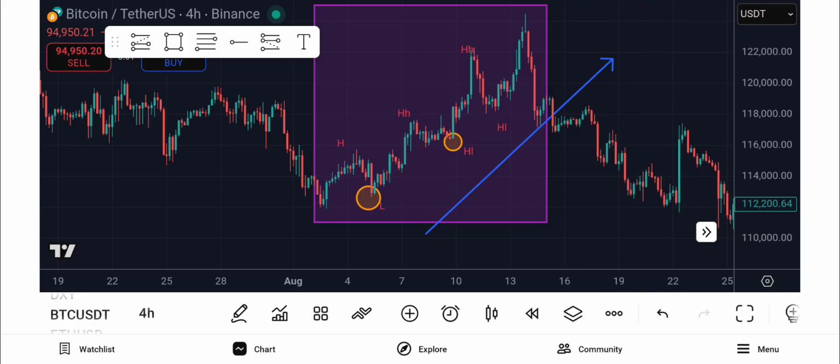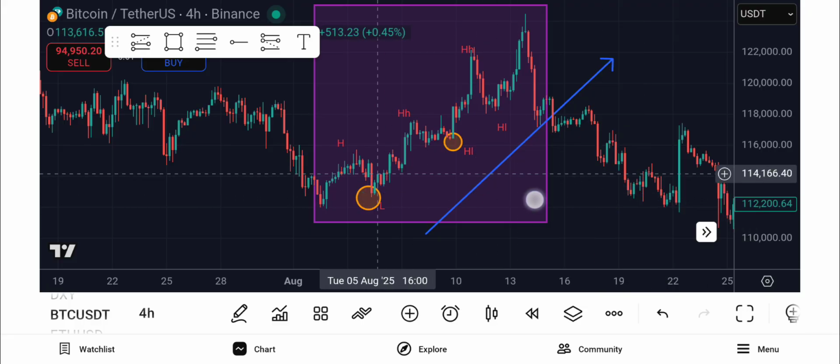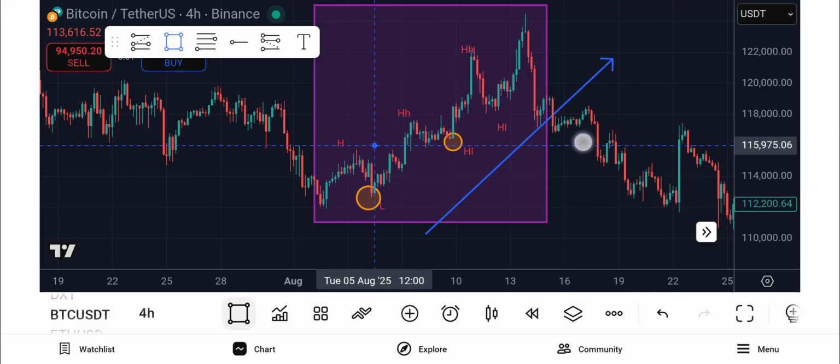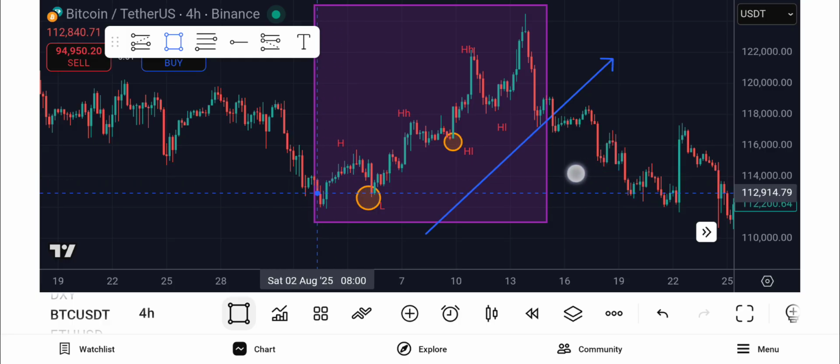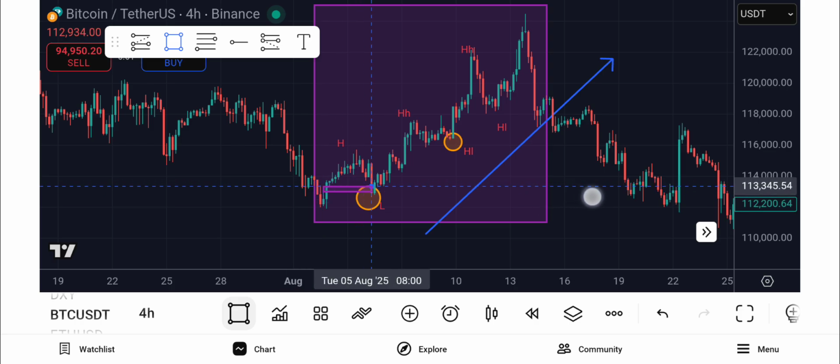So how do we find fair value gaps in this? It's very simple. If you looked at the last video, we're only finding 3 candles. This is the first one, this is the second one, this is the third one, and there's a gap between the first and the third one. Then you use the rectangle tool on TradingView, form a rectangle that touches the tip of the wick here.